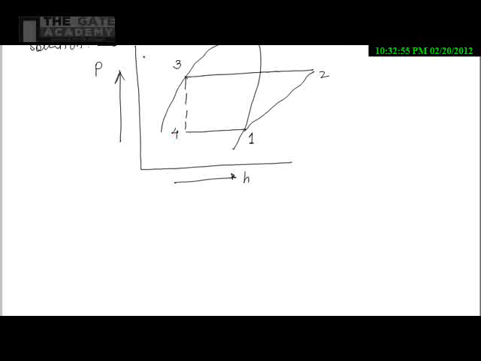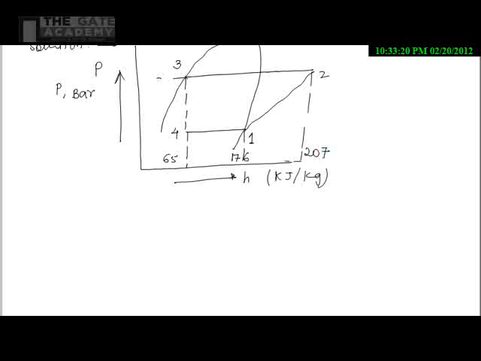So the pressure I will say in terms of bar, and these values are in kilojoule per kg. So this one is 65, this one is 176, this one is 207.